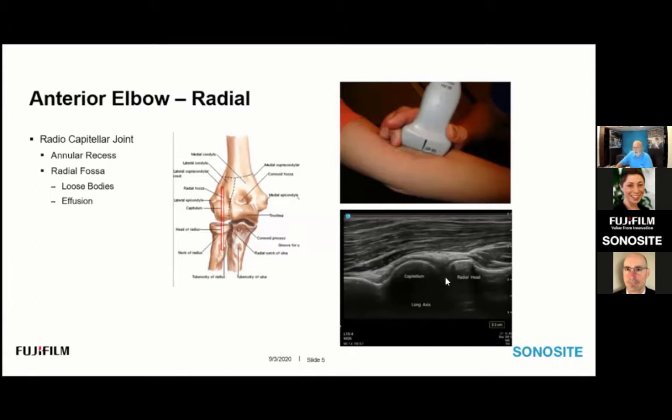Those two landmarks in view, we now see two locations where effusion might be seen: the annular recess just distal to the radial head, and the radial fossa just superior to the capitellum. The brachioradialis muscle is seen anteriorly here.